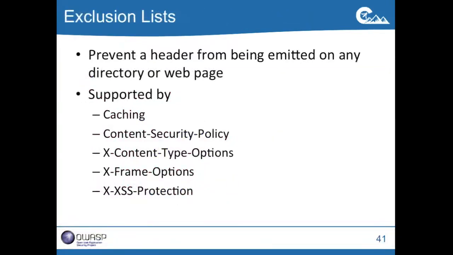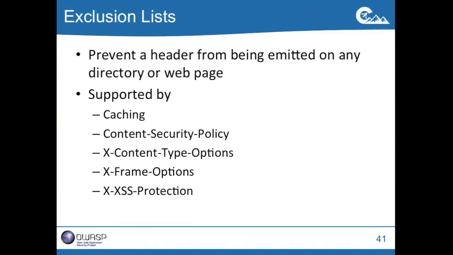And then back to your question, is there a way to specifically say, leave this page out, configure it by page? We have a set of exclusion lists for each one of the objects. So caching, content security policy, X-type, X-frame, XXSS. There's too many X's and S's in that particular header, in my opinion.